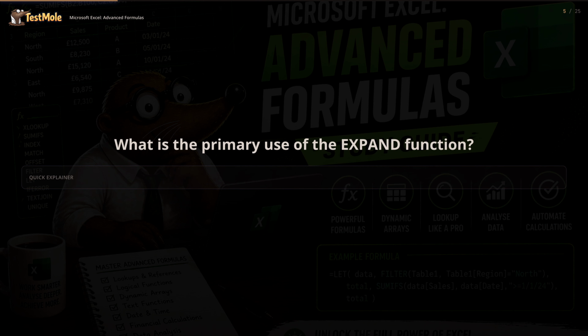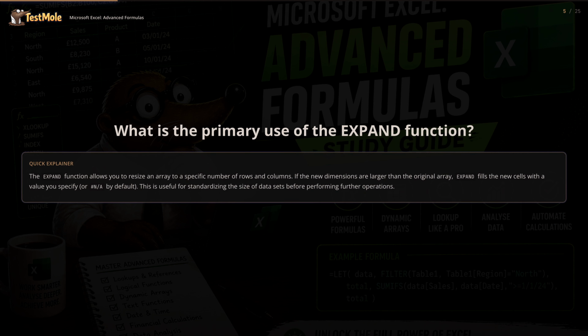What is the primary use of the EXPAND function? The EXPAND function allows you to resize an array to a specific number of rows and columns. If the new dimensions are larger than the original array, it fills the new cells with the value you specify, or #N/A by default.